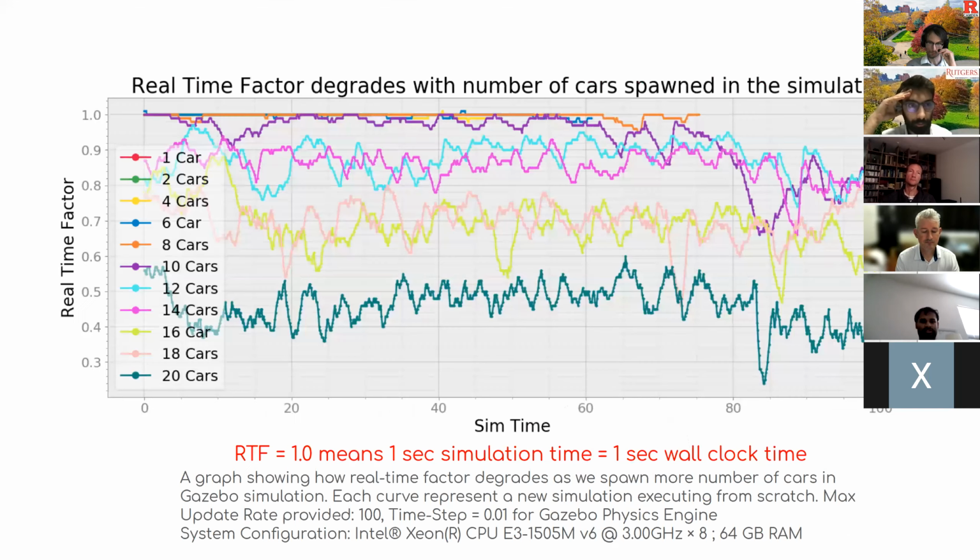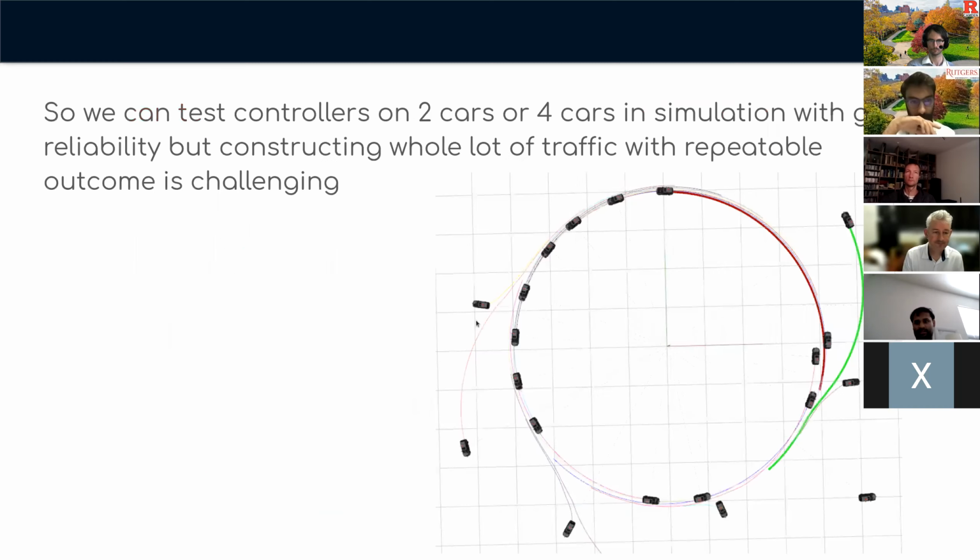So if you see this curve, for example, to simulate the 20 cars, how about if I keep the real-time factor explicitly at 0.2? That is less than what was given by the simulator at the time when I was running 20 cars.